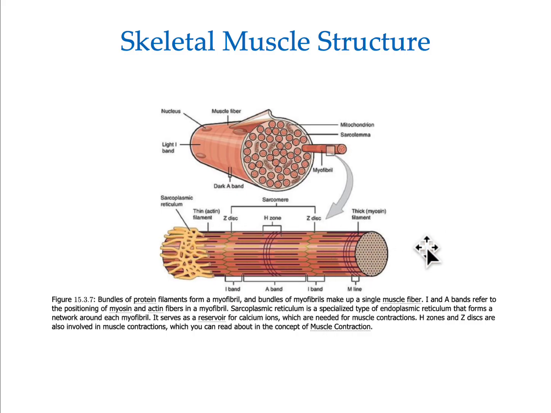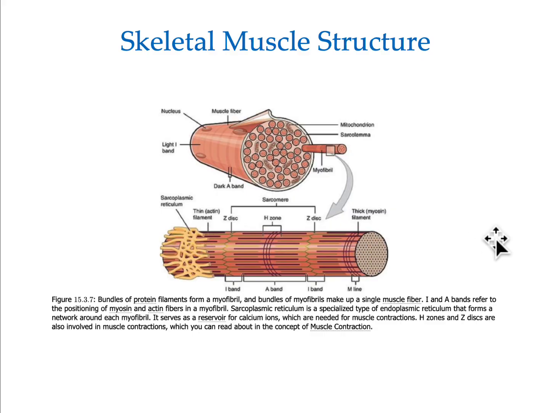So we have the Z disc, which is the definite functional unit of the muscle, from Z disc to Z disc there. The I bands, which are light, and the A bands, which are dark. And then we'll see how this unit functions to shorten or lengthen based on the thin actin filaments and the thicker myosin filaments moving across one another.